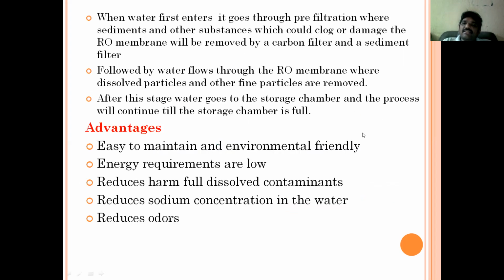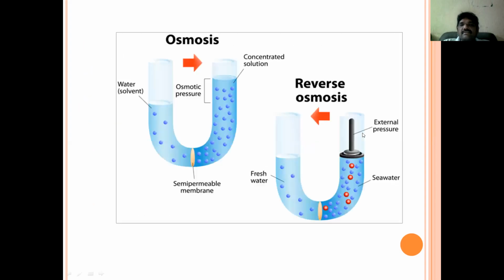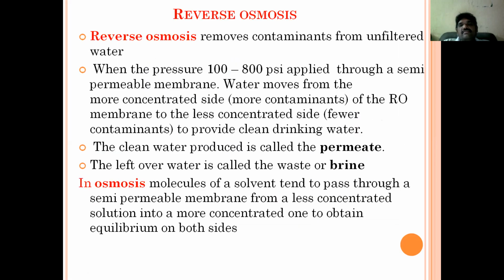This is the more concentrated side. Applying pressure, how much? 100 to 800 psi units. By doing so, water moves through the semi-permeable membrane, from this more concentrated zone through the semi-permeable membrane into the low concentrated zone.